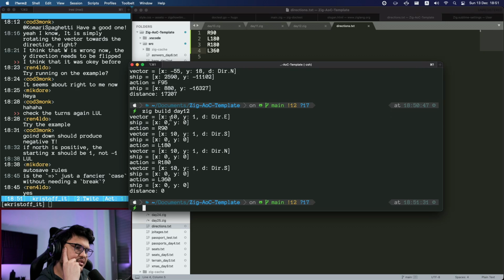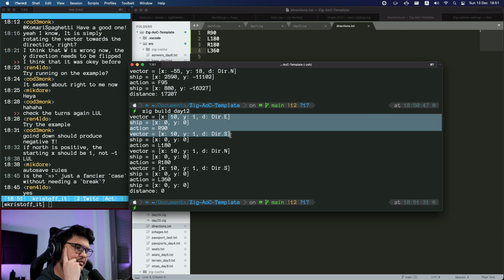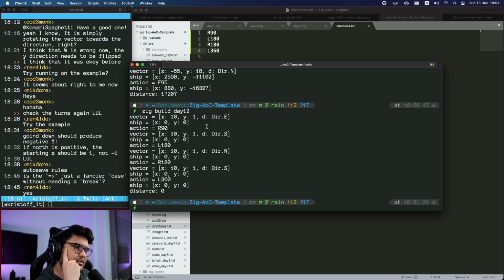So this changes just the direction though. Okay, so direction is east. Right 90, south, yes. Left 180, north, yes. Left 360.